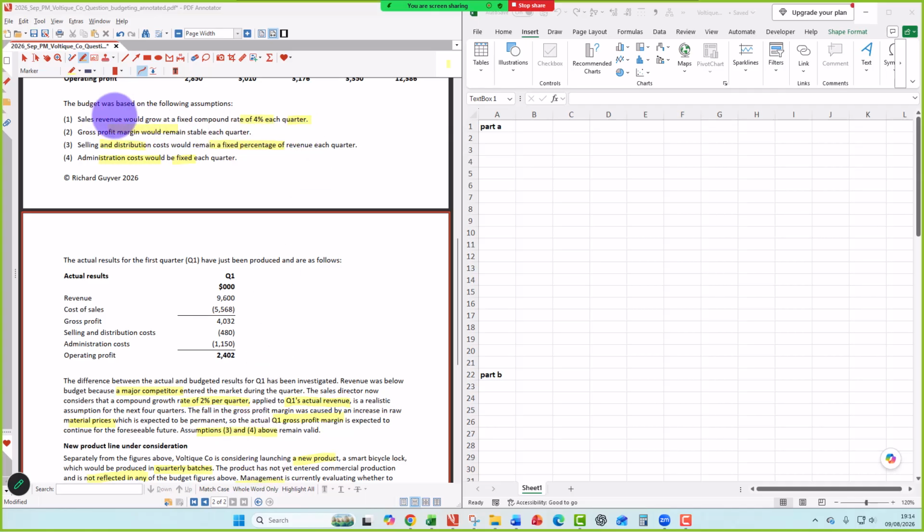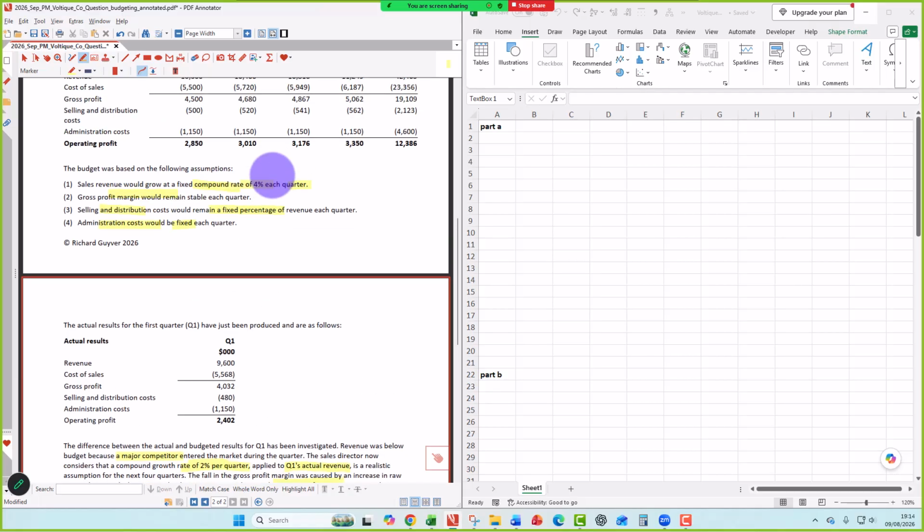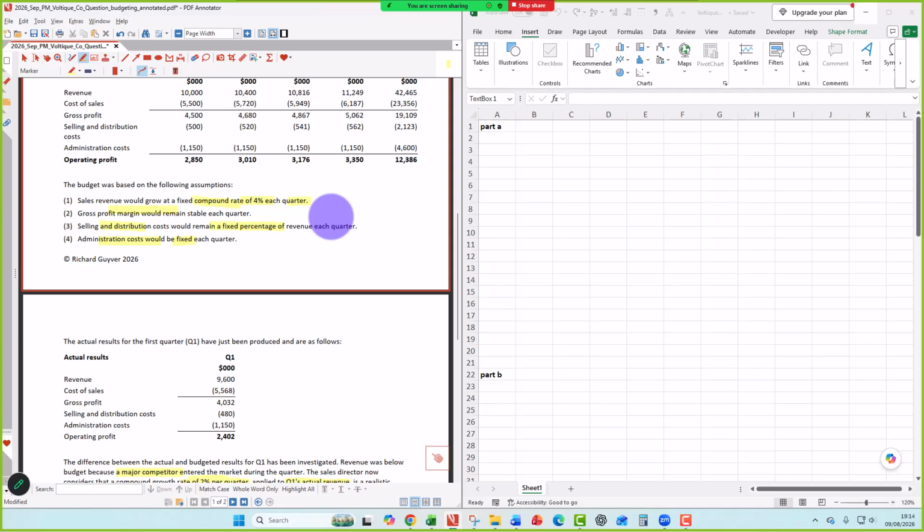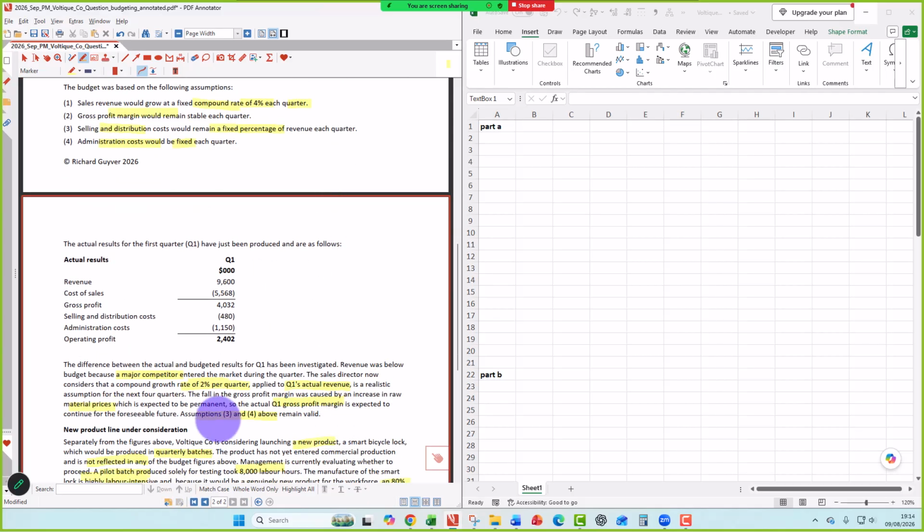So the original assumption was sales revenue would grow at 4% compounded each quarter. But because of the change, it's now 2% expected each quarter. Gross profit margin would remain stable each quarter, so we can work out what the gross profit margin percentage is from the above.